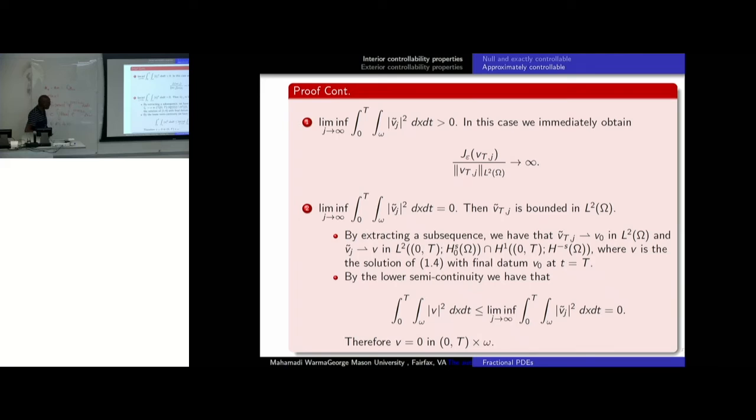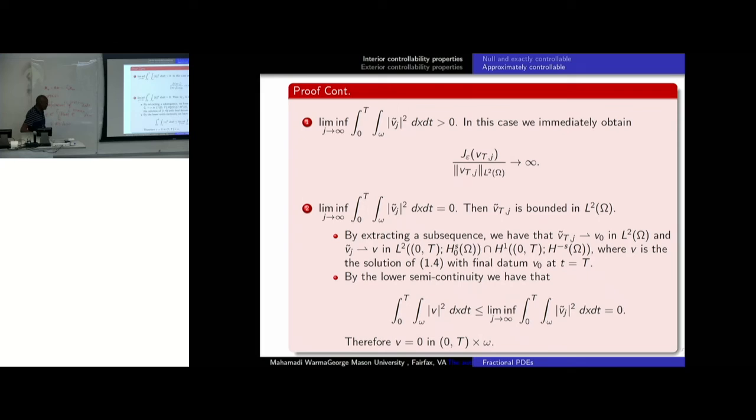And then the associated solution of the backward system also converges weakly to a function v in the space where we have the finite energy solution. Then V will be the solution of the backward system with final datum V0 at t equal to T. Now by the lower semi-continuity, we have that the L2 norm on the small cylinder of V squared is less than or equal to the liminf. That is the lower semi-continuity.